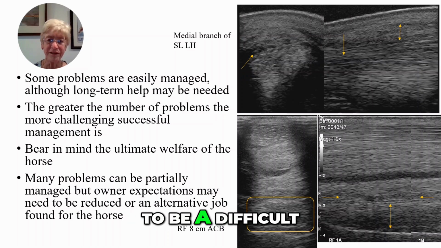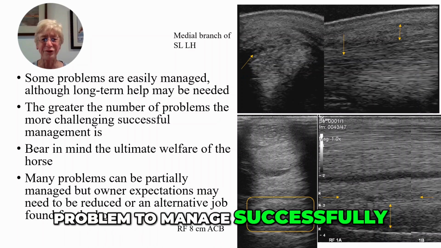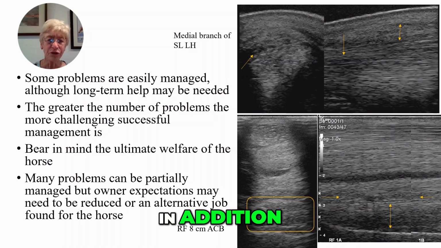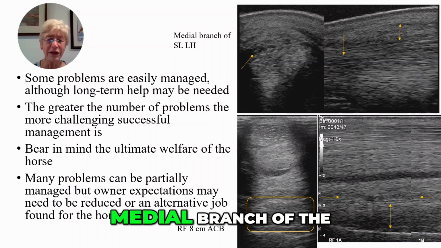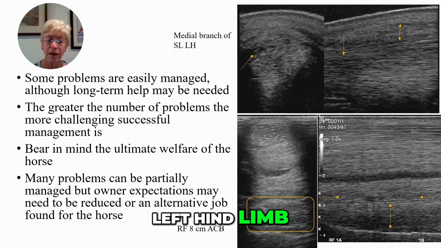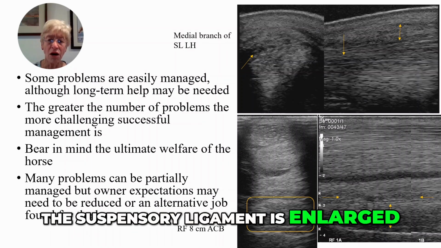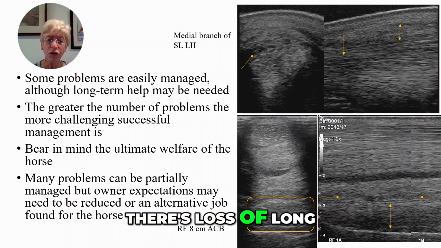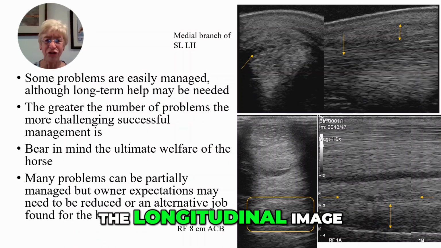And this is going to be a difficult problem to manage successfully. In addition, the horse has a concurrent injury of the medial branch of the suspensory ligament of the left hind limb. The suspensory ligament is enlarged. There's loss of long linear parallel echoes in the longitudinal image.